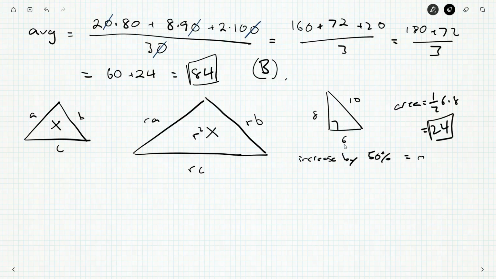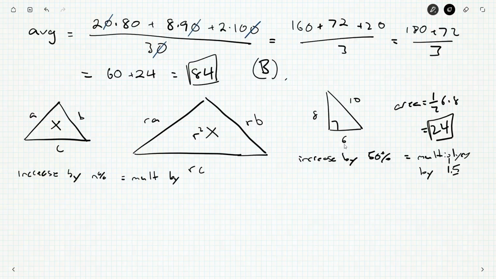Well, that's the same as multiplying by 1.5. In general, if we want to increase by n%, that's the same as multiplying by 1 plus n% over 100%. Okay, 50 over 100 is a half, so we get multiplying by 1.5. So our R is equal to 1.5.